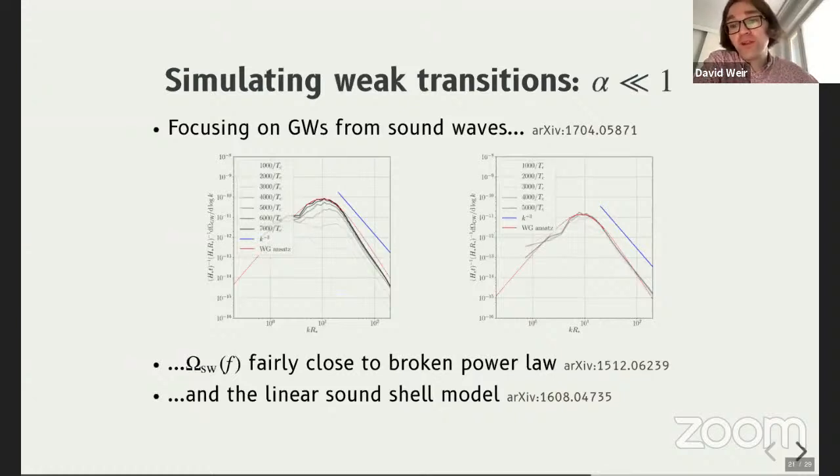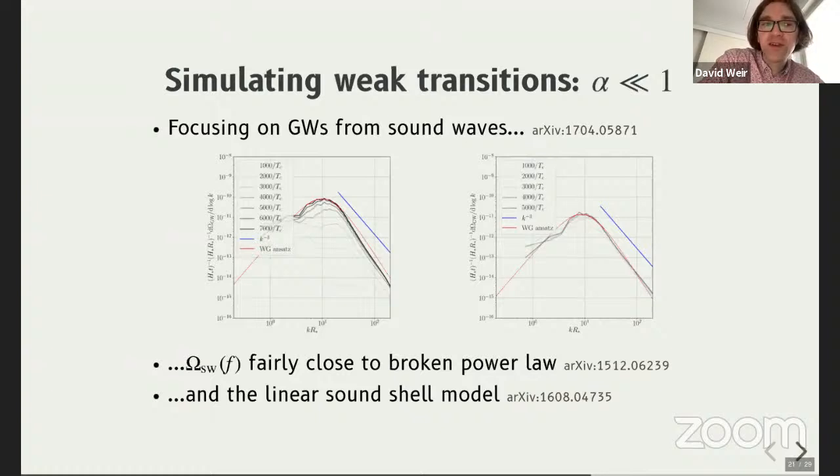And it's also pretty well described in slightly more detail. Again, it's not perfect, but it's pretty well described by Mark Hindmarsh's sound shell model, which assumes that these sound waves are superposable shells of stress energy of the right shape, which then source gravitational waves for a time.